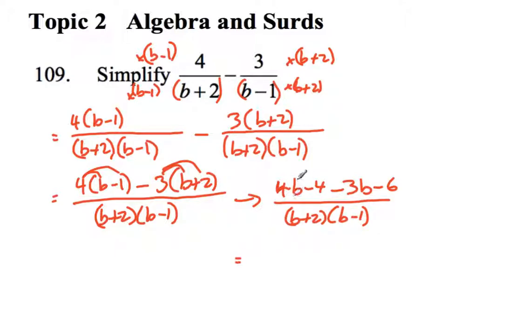Lots of fun. We'll collect like terms here. 4b minus 3b is b, and minus 4 minus another 6 is minus 10, all over b plus 2, b minus 1. And that's the best we can do.